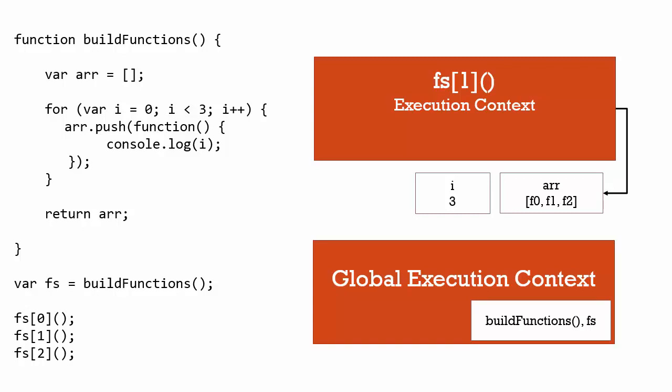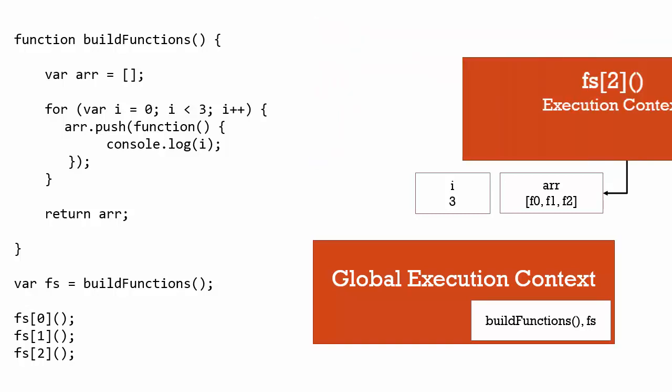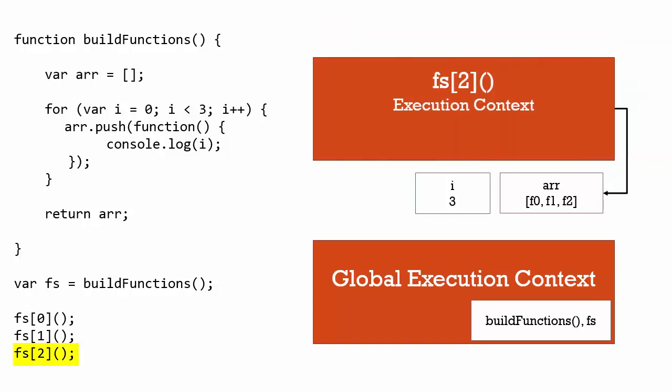So its outer environment reference, because of its lexical position, is to the same spot in memory as the first one. And so when it looks for i, it looks at that same spot in memory where buildFunctions held its variables and sees a 3. And so console.log(i) results in a 3. And the same thing for the third function.